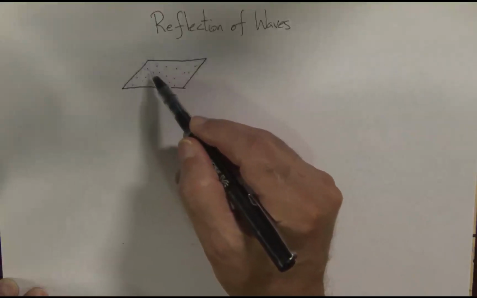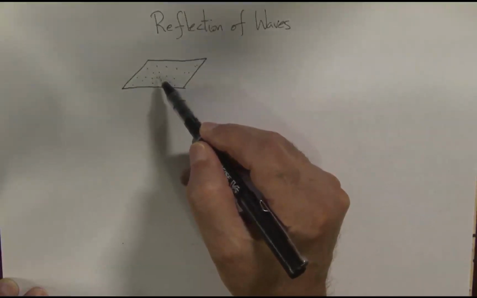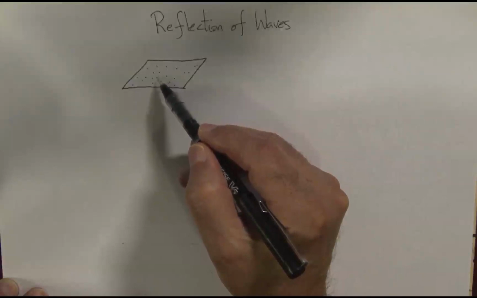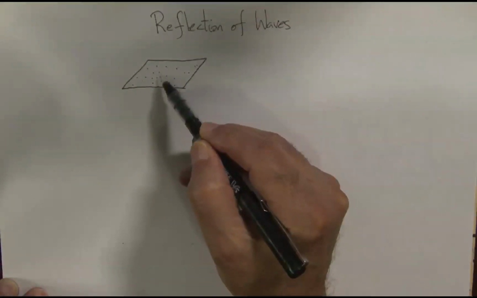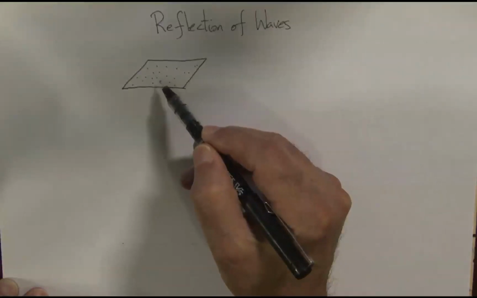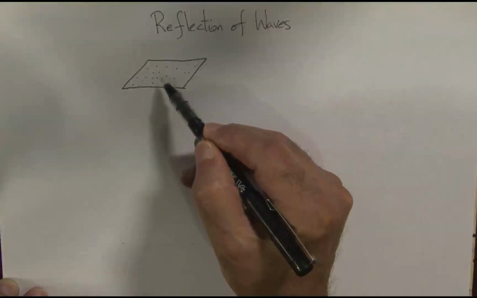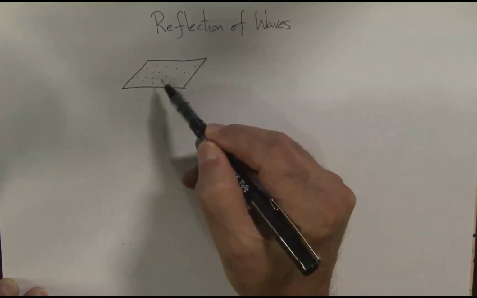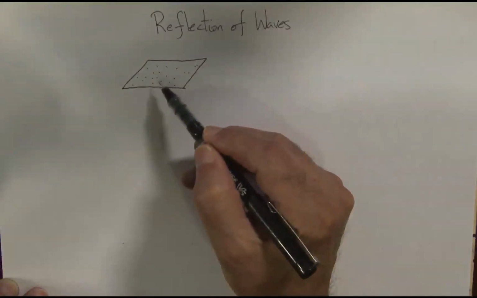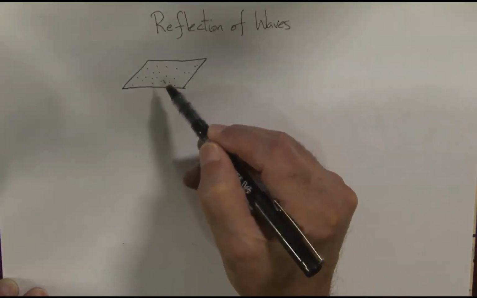But when that wave comes along, that wave has got an electric field, and in that electric field, every electron is going to wiggle. Wiggle means change its speed, which means it's accelerating. And now you've just learned that an accelerating electron is going to radiate power.